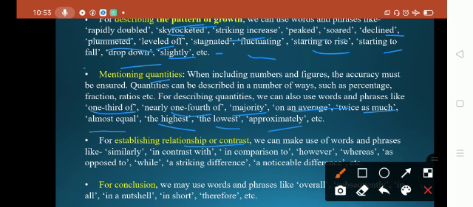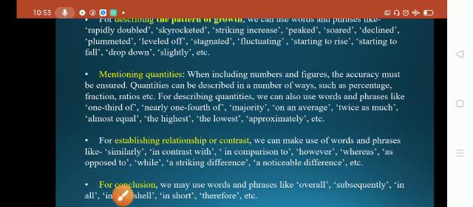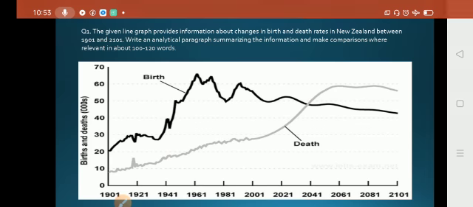You can use however, whereas, opposed to, while, a striking difference, a noticeable difference. Okay, so in conclusion you can write subsequently, overall, in all, in a nutshell, in short, therefore. So these are the words and phrases which you can incorporate in your writing.